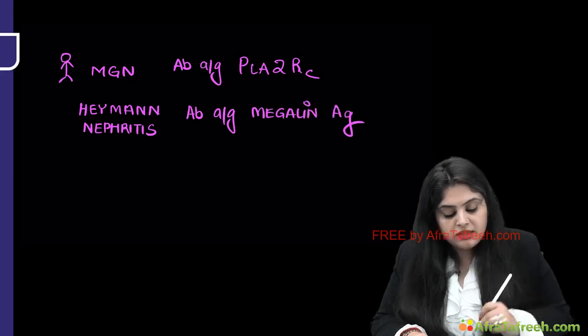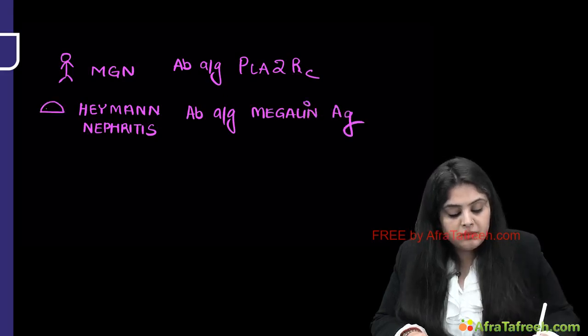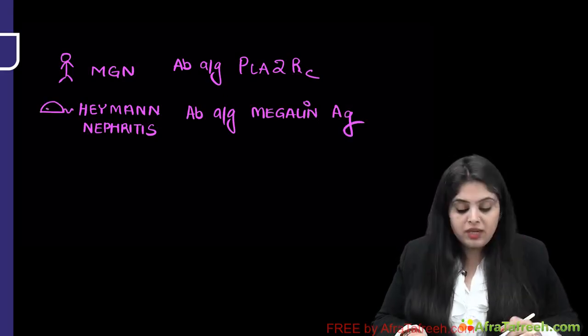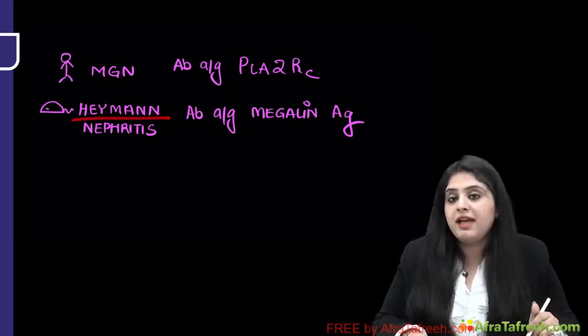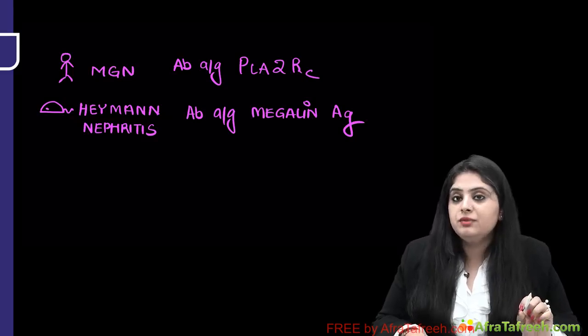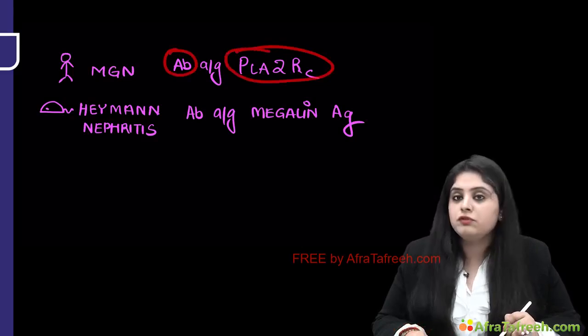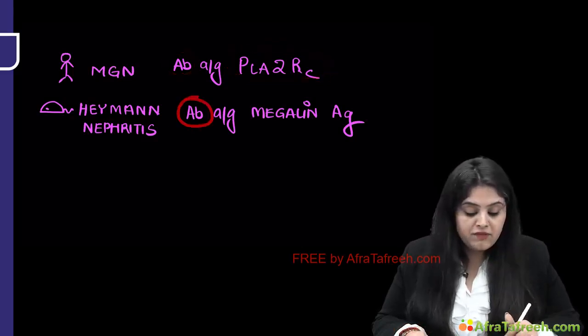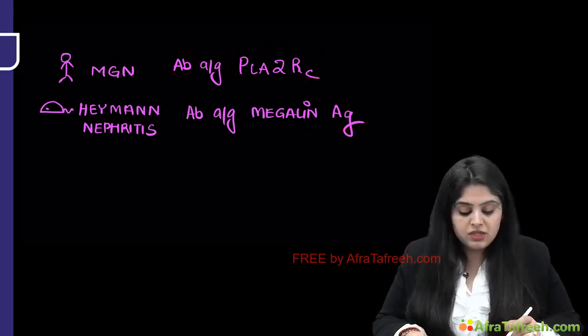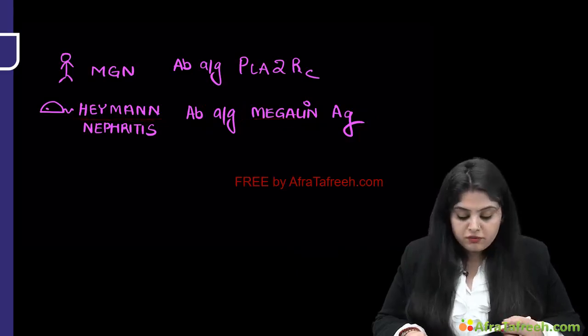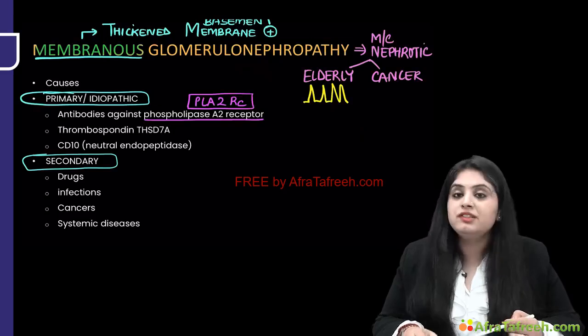So this is another thing that they want to tell you when it comes to animals. Tiny cute animal I have drawn. So it looks like Hey man, but it's not man. It is to do with animals. In humans you have antibodies against phospholipase A2 receptors. In animals you have antibodies against the megalin antigen, and that is going to be Heymann nephritis. Sorry for making you learn about other animals and their kidneys.